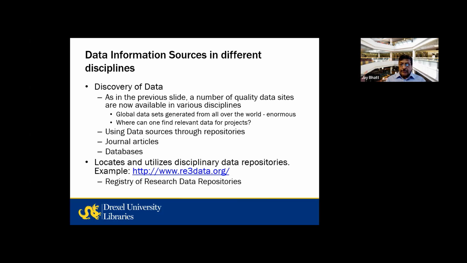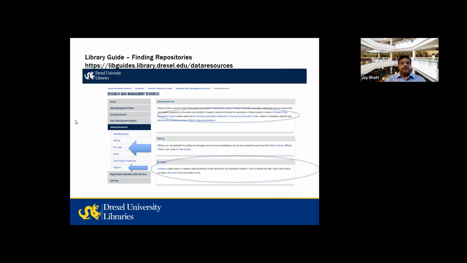So the data is not just here in the US, it is generated from all over the world from the agencies. And some of them could be really excellent data sets that we can also use. So using journal articles, using databases, using repositories, using disciplinary data repositories like re3data.org, we can explore those data sets.